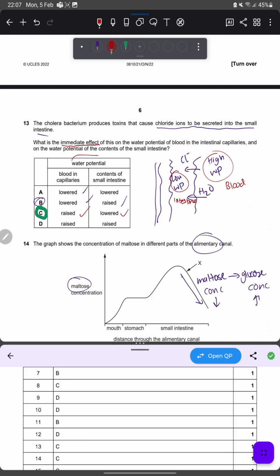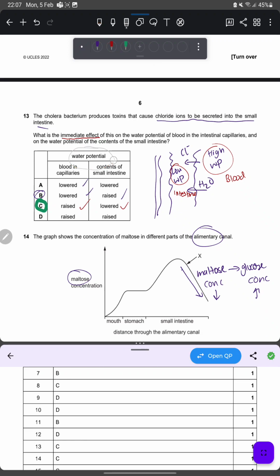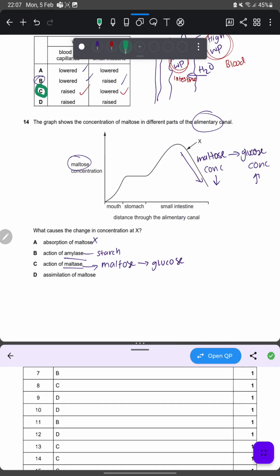Oh, it's the water potential. Yes. Okay. So the water potential would actually be lowered as soon as it goes in. I literally wrote it. I can't believe I didn't see it. But okay. 14. Oh, yes, it is C. We got that.